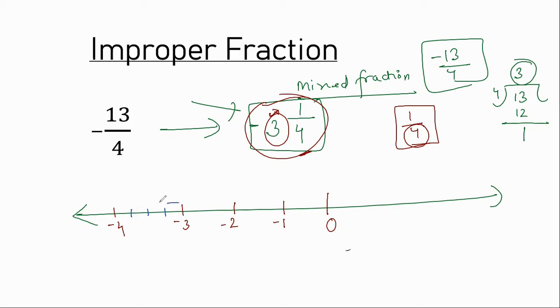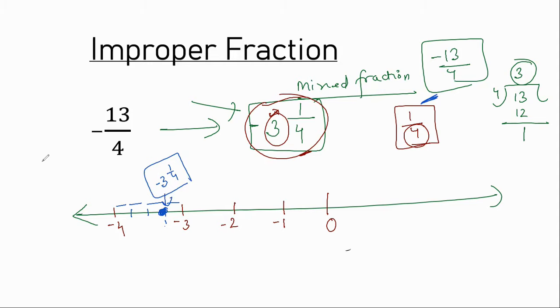So 1 part, 2 part, 3 part, 4 part. Starting from the right, this is 1 over 4. So this number, minus 3 whole 1 over 4, which is minus 13 over 4, is the number that we have to put on the number line.